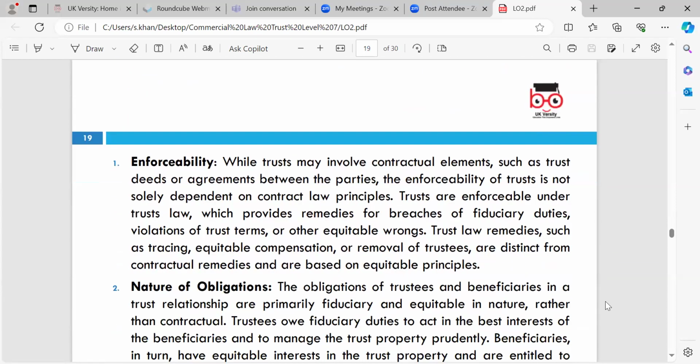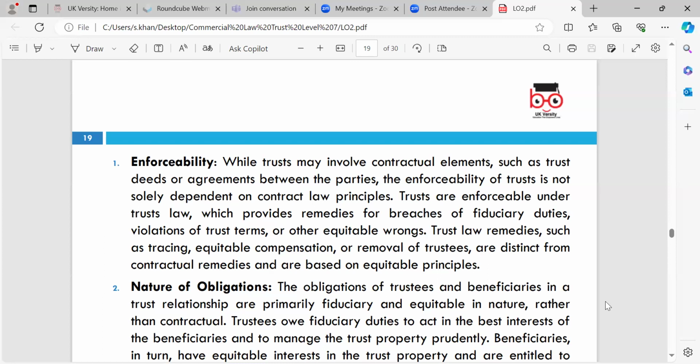Enforceability. While a trust, as we mentioned earlier, may involve contractual elements, such as deeds or agreements between the parties, the enforceability of a trust is not solely dependent on contract law principles.